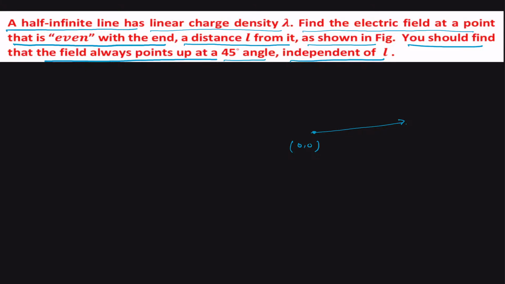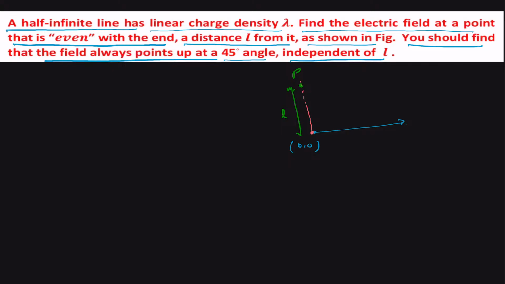Okay, so this is our end. So this is the line which is even with the end, and let us suppose we denote a point P, and this point P is at a distance L from this end. So we have to find the electric field at point P.